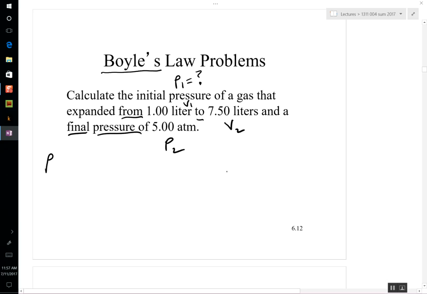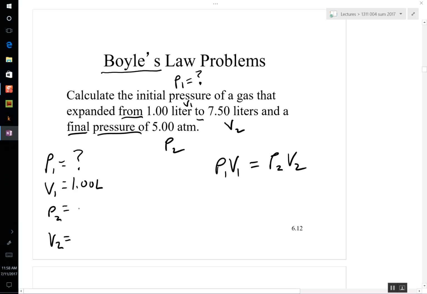So I've been told it's a Boyle's Law problem, so I need the Boyle's Law equation. The Boyle's Law equation has 4 parameters associated with it. If I know 3 of them, I can calculate the 4th one. I know 3 of them.